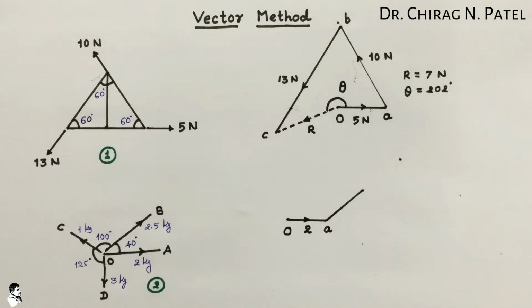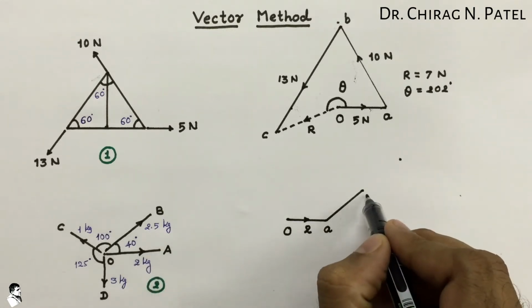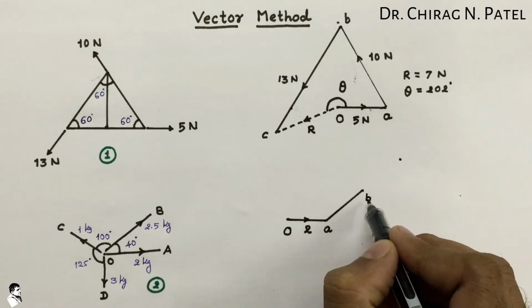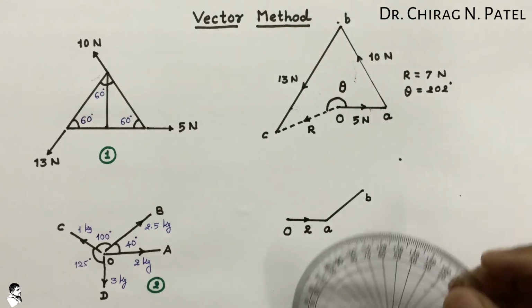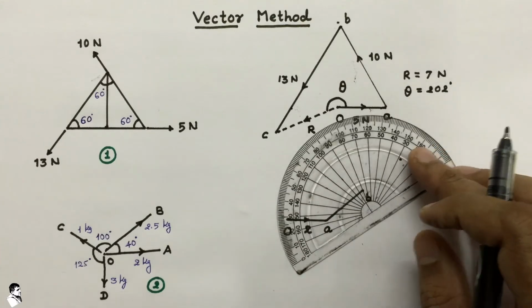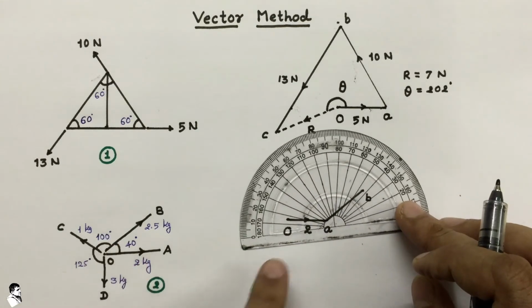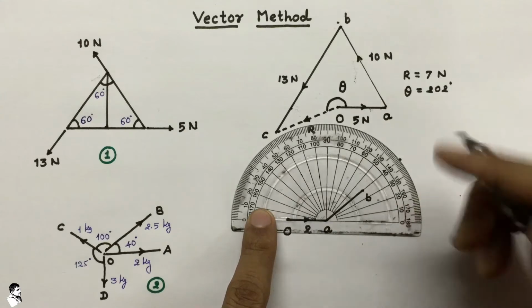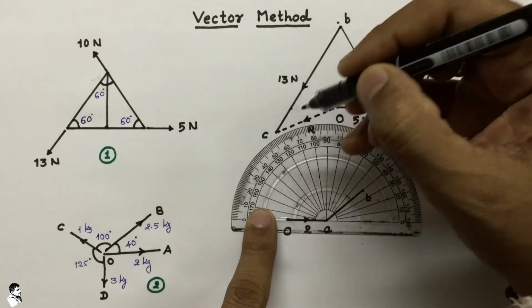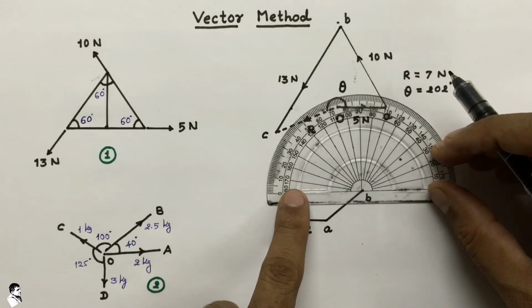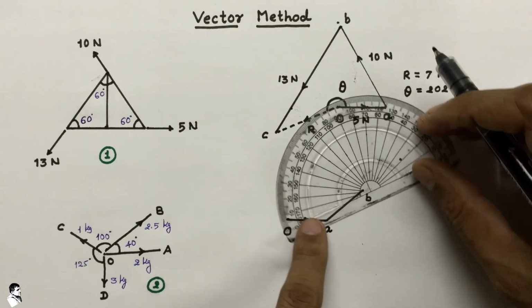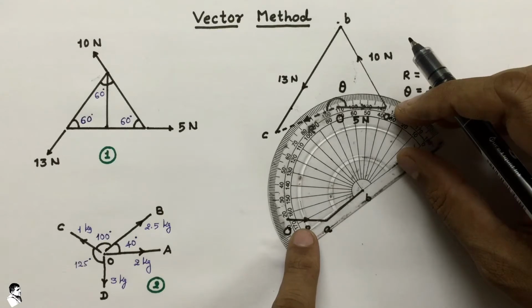After that we have to go from B to C. So here we point out B and then go to C, which is exactly a 100-degree angle. So we make again a 100-degree, and if we take the overall angle, that is 140.